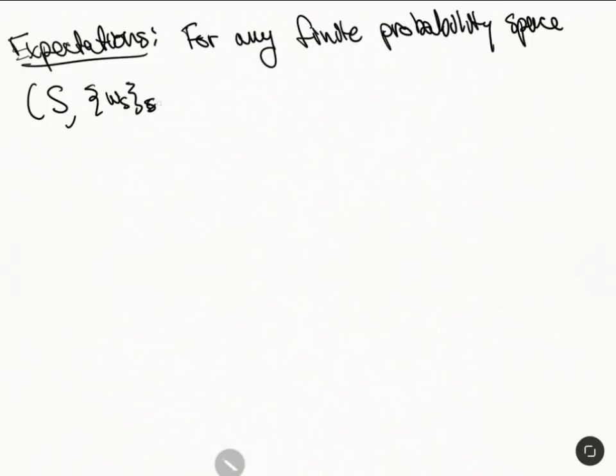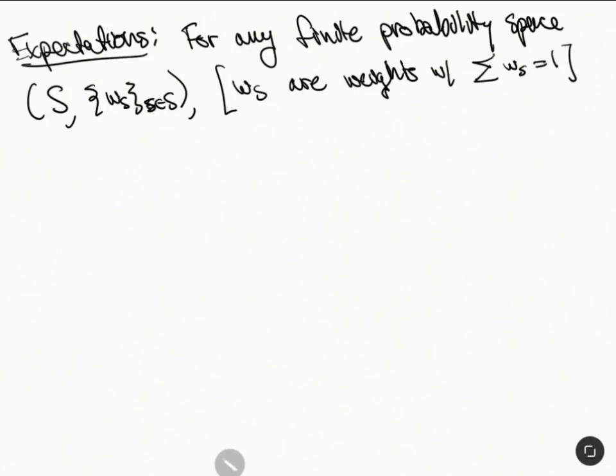So for S in S, so here the WS are weights, they're just numbers in between 0 and 1 that add to 1. Okay, so we define for any finite probability space and a function f from S to, let's say, it could be a vector space, or it could be, let's say, the real numbers for now.